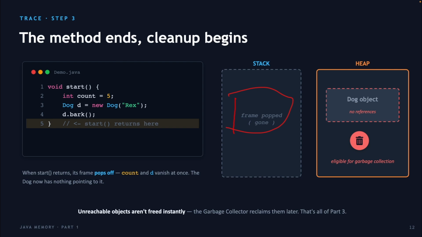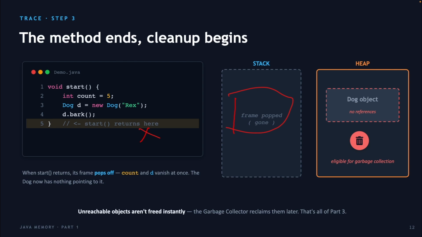So count is gone now. Count was inside the stack only, and the reference variable d was also stored in the stack only, so that is also gone. This is why stack cleanup is so fast and automatic. When the method ends, the whole frame simply pops off.